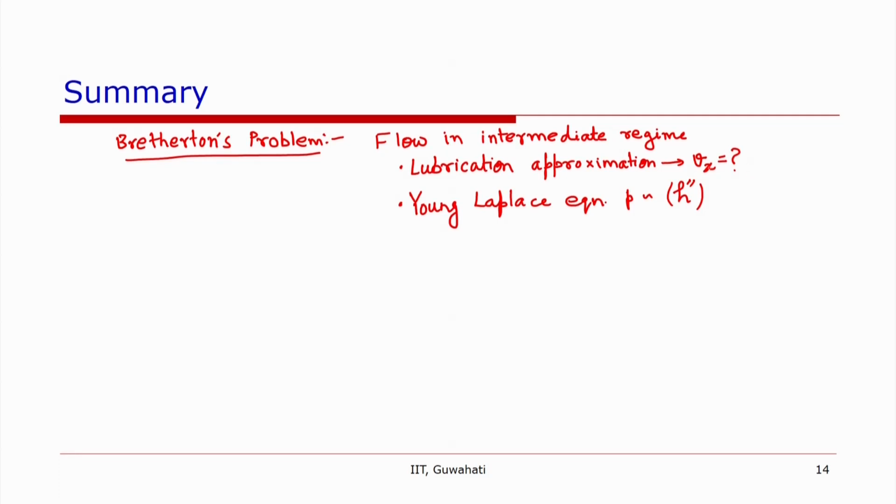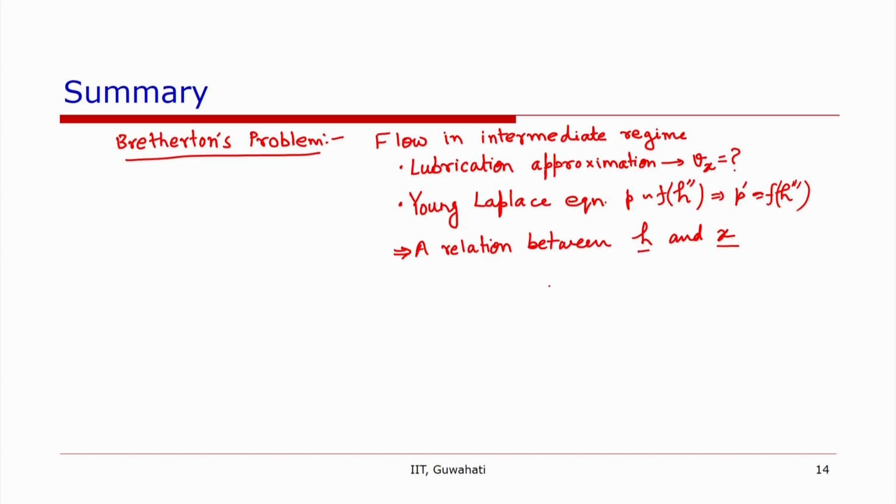So from that we can substitute this pressure, we can find out what is P dash, and then we got a relation between H and X, which are basically the transverse and streamline coordinates of the film in the intermediate region.